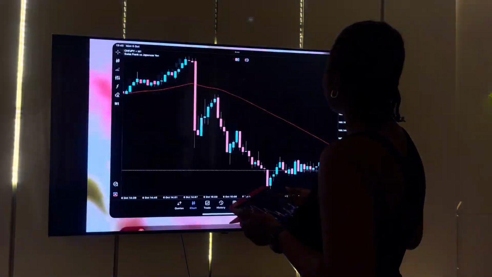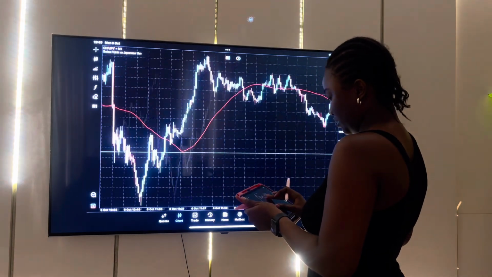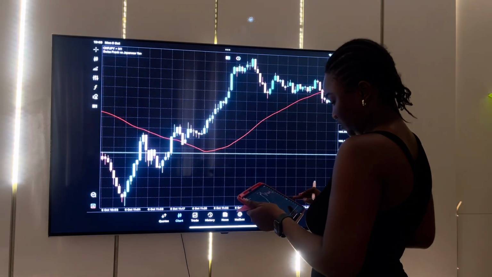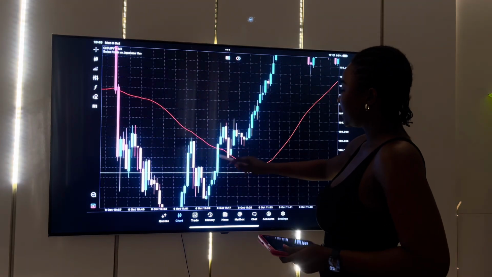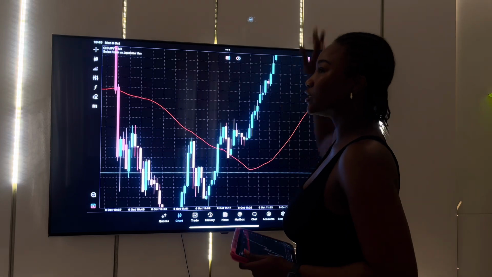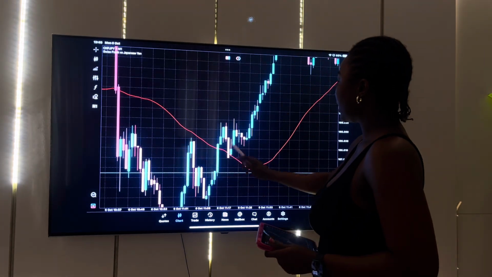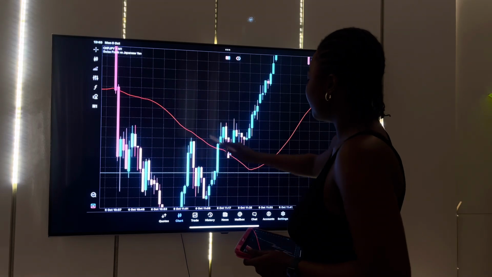Let's start with the long green candle. See, it's a long green candle, which means bullish price movement upward. Long green candle means bullish candle, bullish price movements.